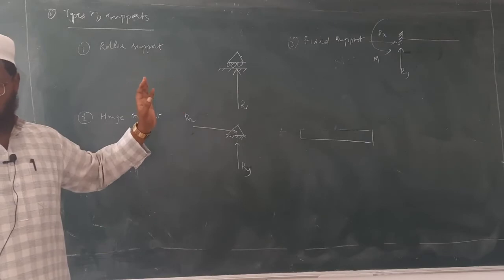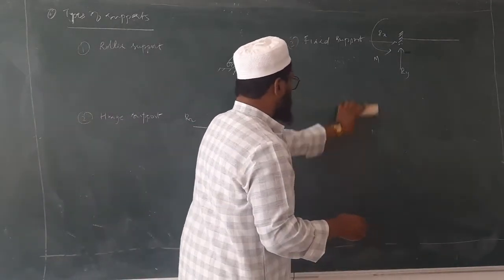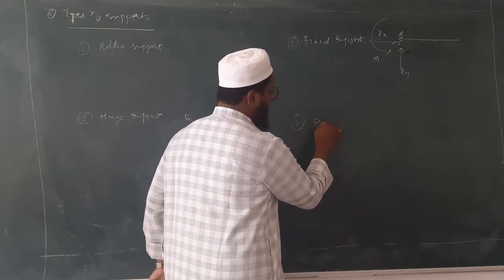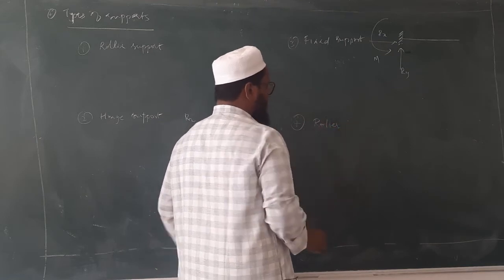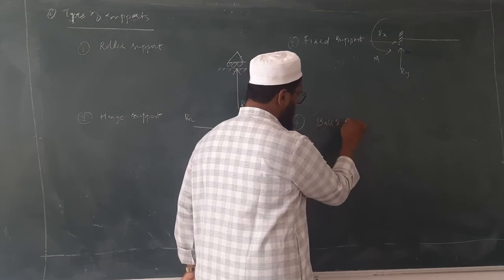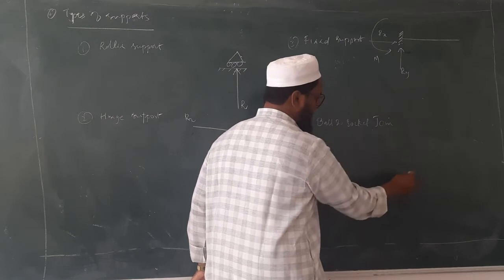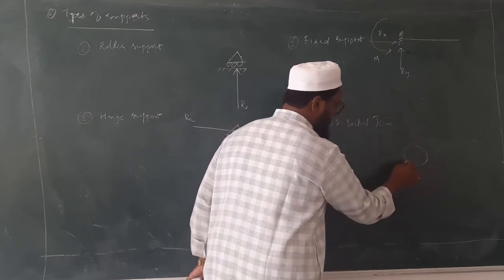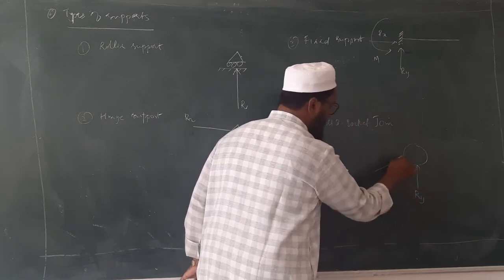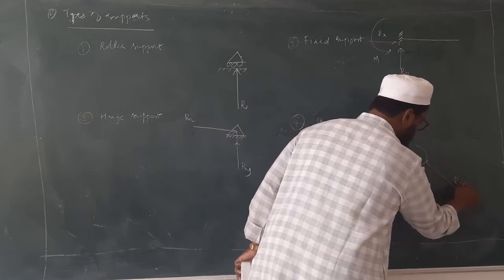So these are the three important types of supports. One more support is there, which I think is nothing but your ball and socket joint. Ball and socket joint is something where we have Ry, Rx and Rz.